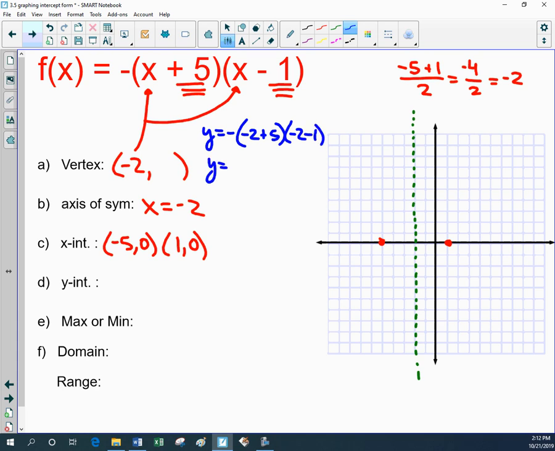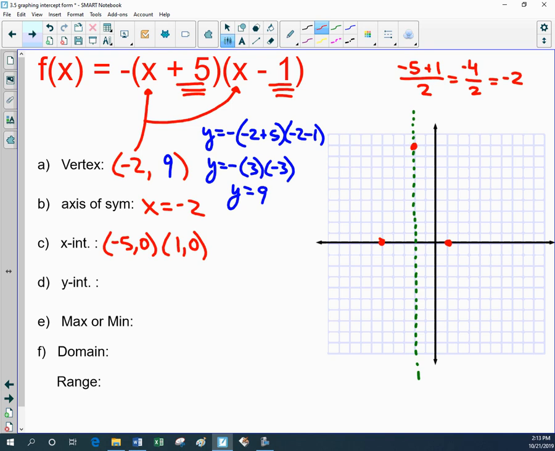So that'd be the opposite of 3 times negative 3. So negative 1 times 3 is negative 3. Negative 3 times negative 3 is positive 9. Okay, so the vertex is at negative 2, positive 9.